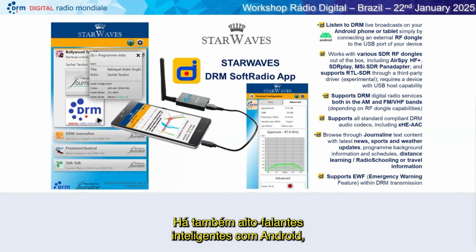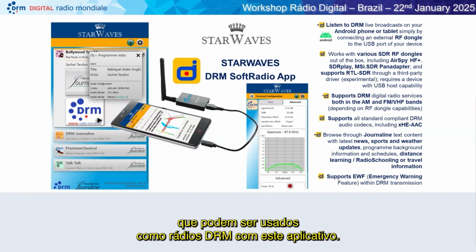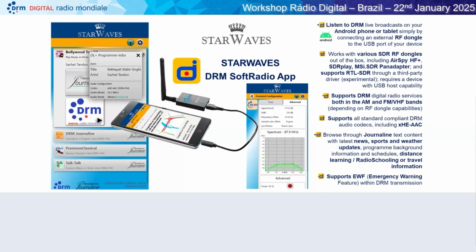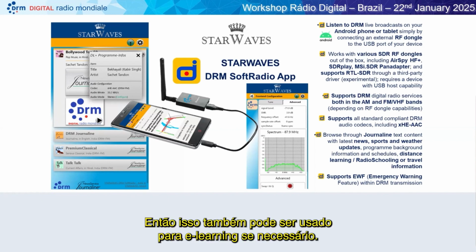There are also smart speakers with Android. Those can also be used as DRM radios in combination with this app. It can also show the full set of features like you saw, the journaline, slideshows, etc. And so this can also be used for e-learning if needed.